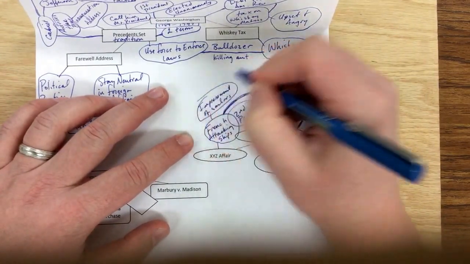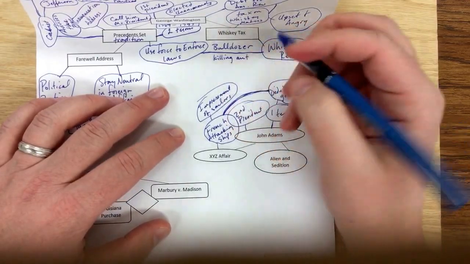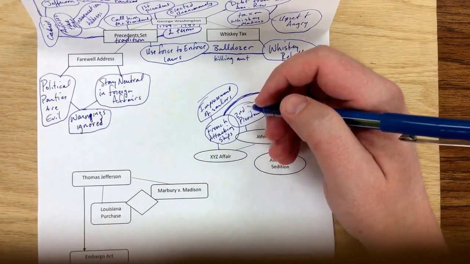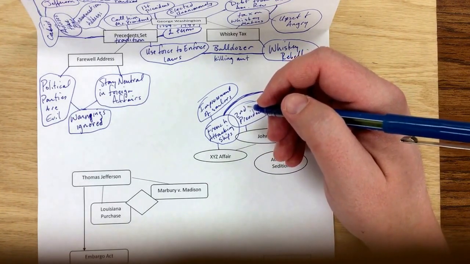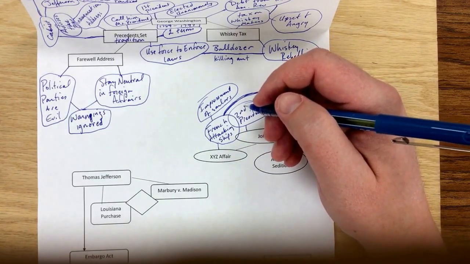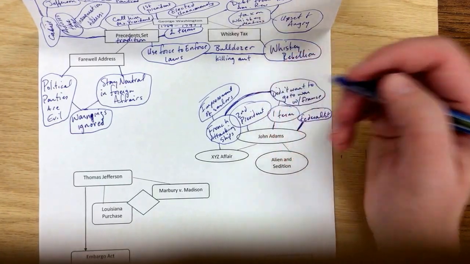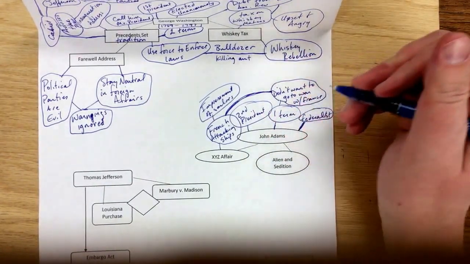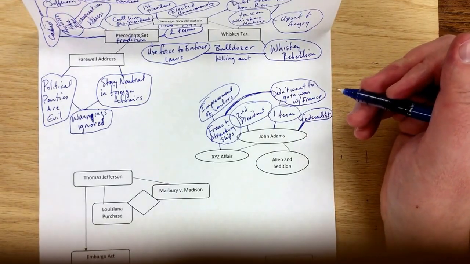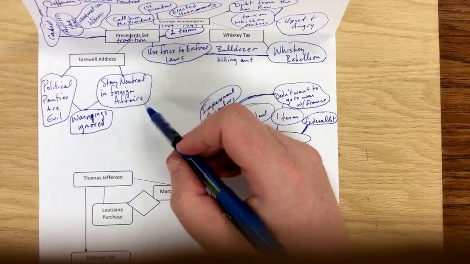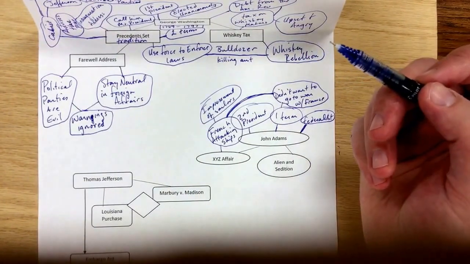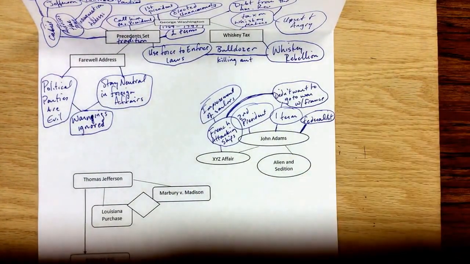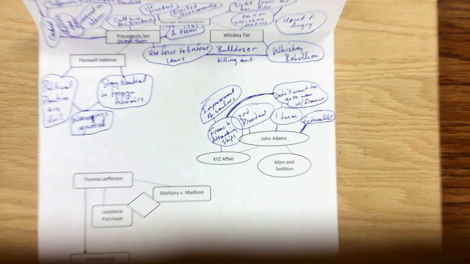We were losing money because of it, and we were losing our fellow Americans, and so John Adams was pressured into going to war. He did not want to go to war. He wanted to, like Washington, stay neutral in these foreign affairs.